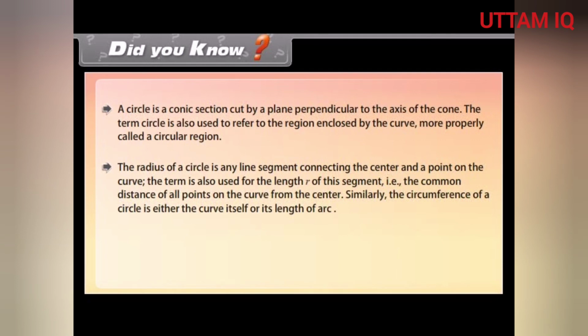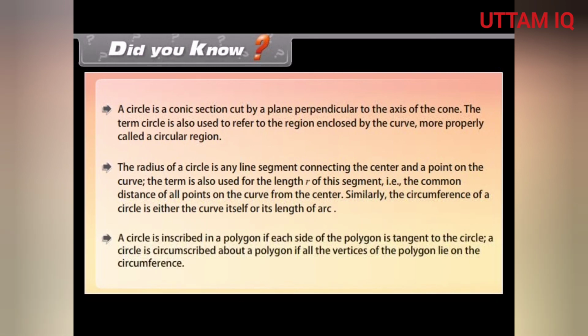The term is also used for the length r of this segment, that is, the common distance of all points on the curve from the center. Similarly, the circumference of a circle is either the curve itself or its length of arc. A circle is inscribed in a polygon if each side of the polygon is tangent to the circle. A circle is circumscribed about a polygon if all the vertices of the polygon lie on the circumference.